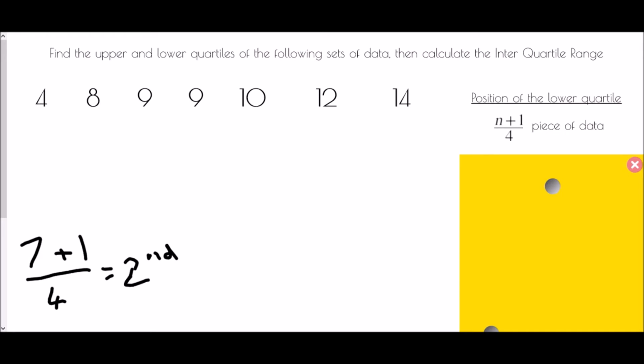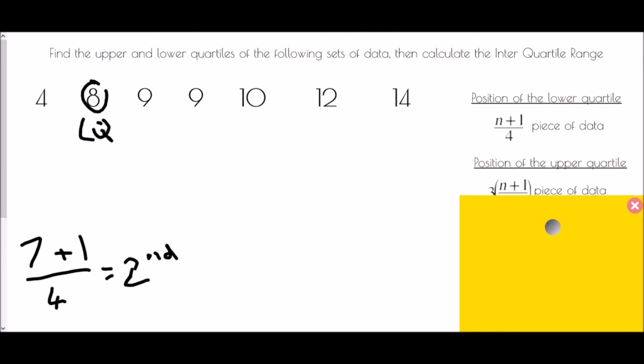Now, 4 is the first number, so 8 will be our second number, meaning that would be our lower quartile, often shortened to LQ. If we wanted to find the upper quartile, well, because we want 3/4 of the data, we can do 3 brackets, (7+1)/4.